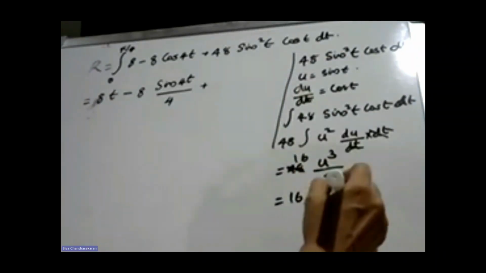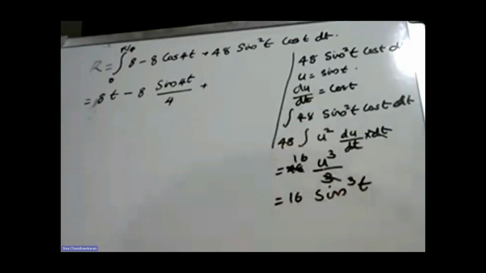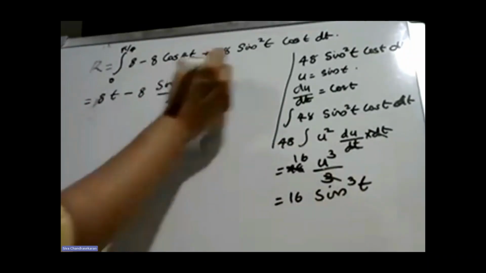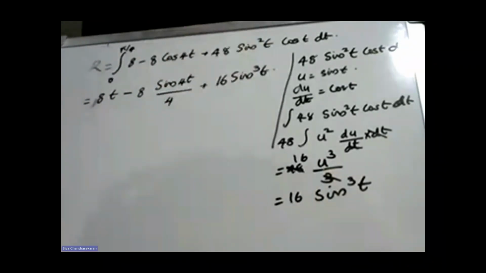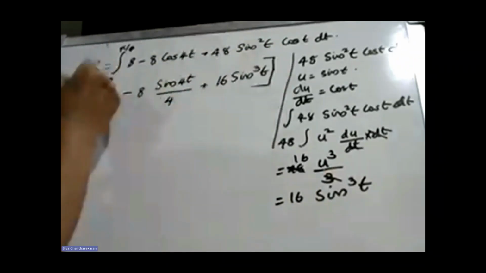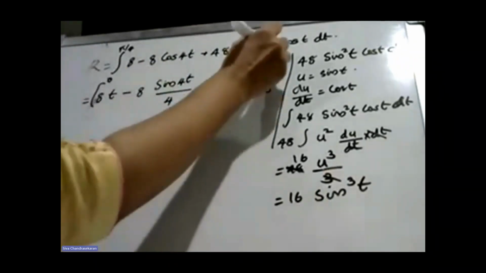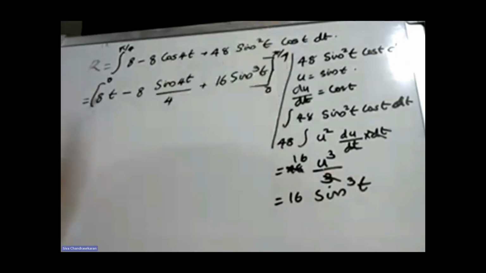U is sine t, so I can replace here. This is now 16 sine cube t between 0 and pi by 4. Now let us give the values.